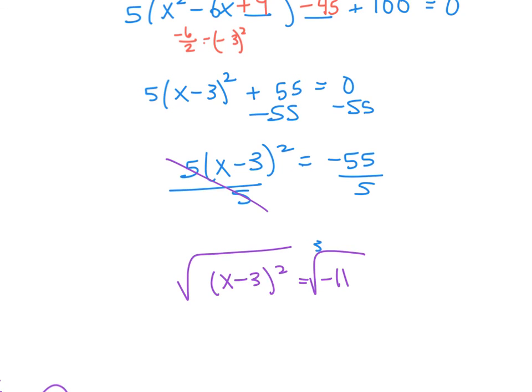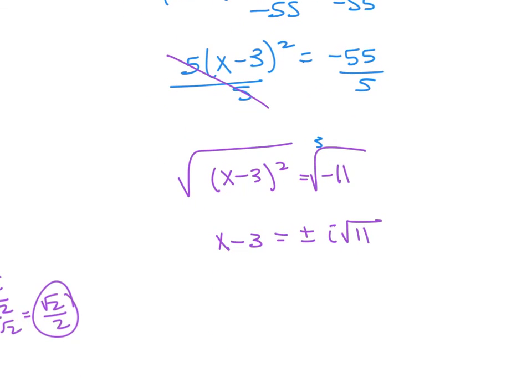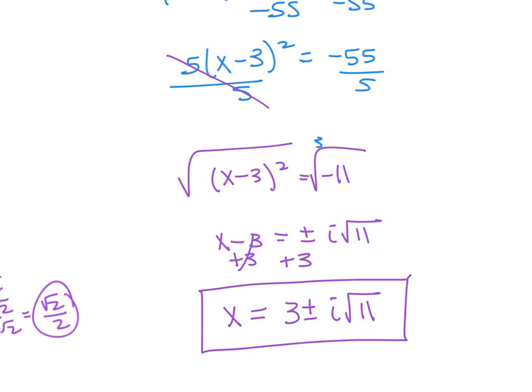Now I can square root both sides, leaving us with x minus 3 equals plus or minus, can't forget that, the square root of negative 11. Let's bring in i times the square root of positive 11. And we can go ahead and finish this out by adding 3 to both sides. So x equals 3 plus or minus i times the square root of 11. The square root of 11 cannot be reduced, so we're going to call this one good.